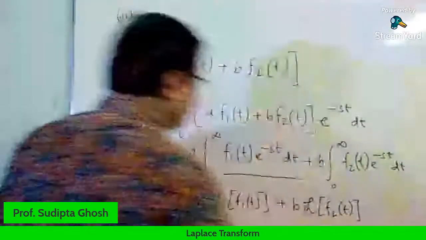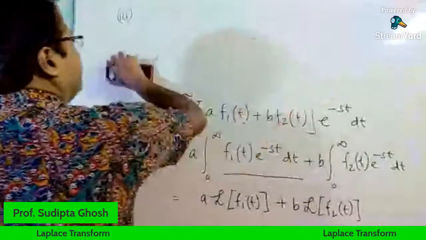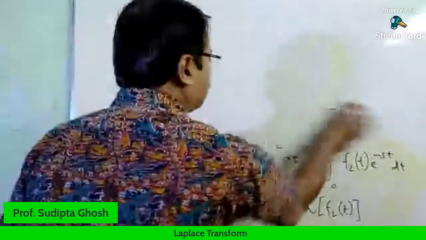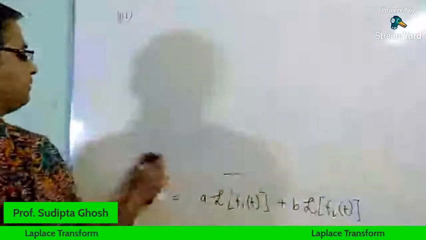Let us consider a hyperbolic function. You know, there are cos hyperbolic, sine hyperbolic, tan hyperbolic. So let's consider a hyperbolic function as our next function, that is function number 4.